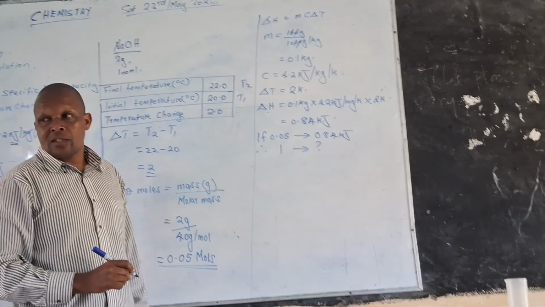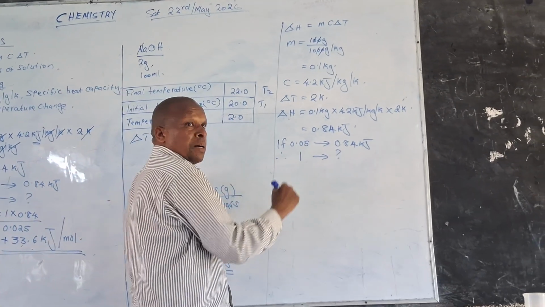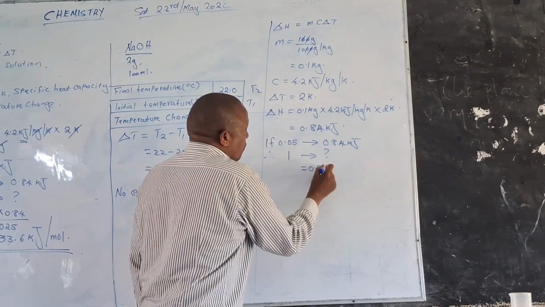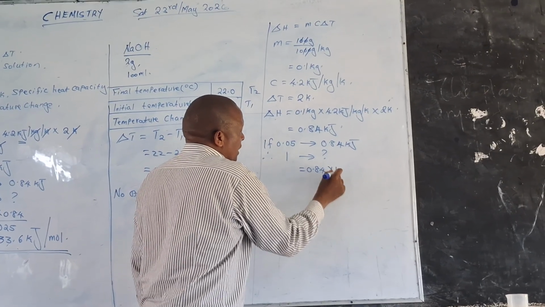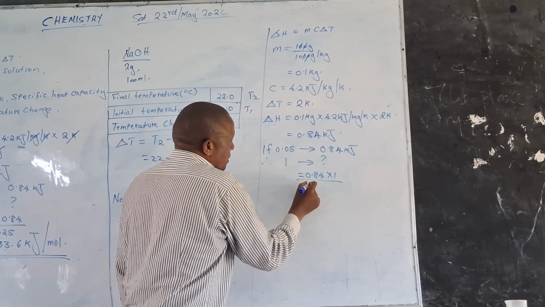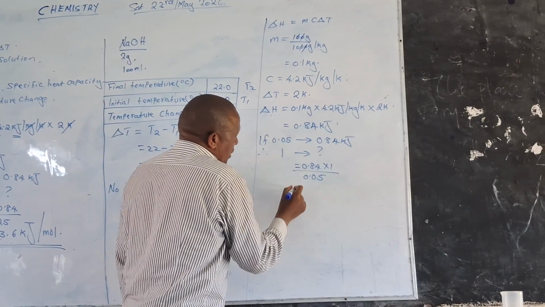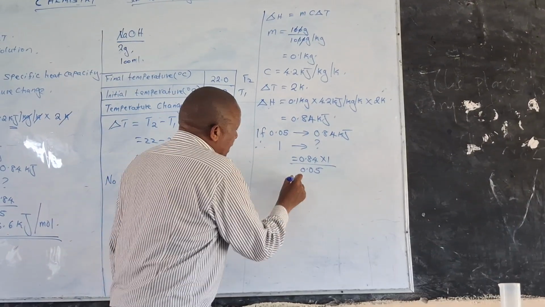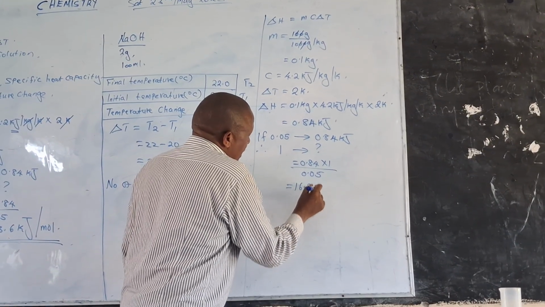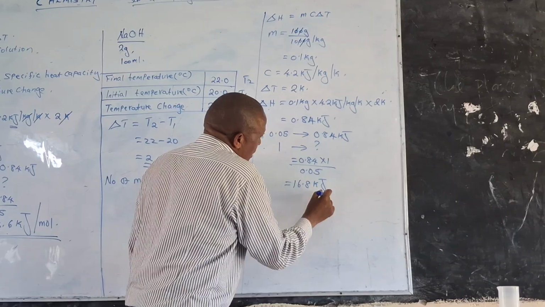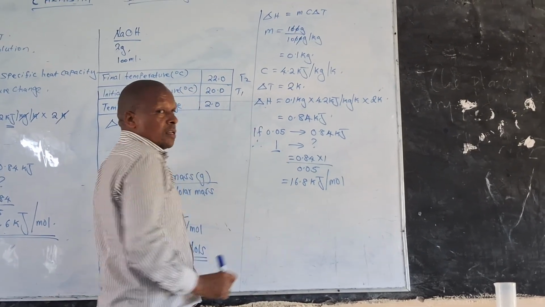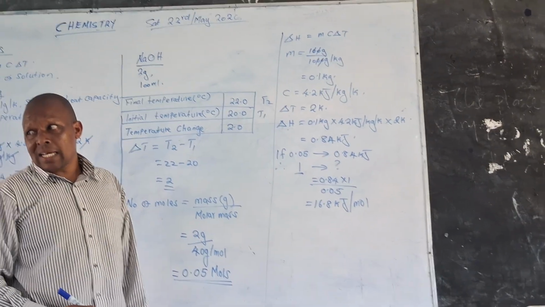If you do cross multiplication, it will be 1 times 0.84, we divide by 0.05. What do you get? 16.8. We get 16.8 kilojoules per mole, because we are looking for how many moles?